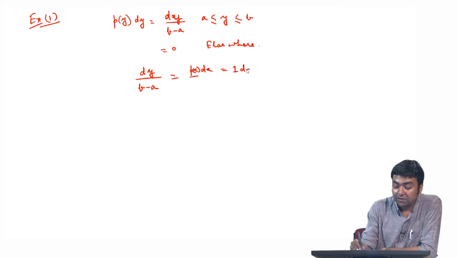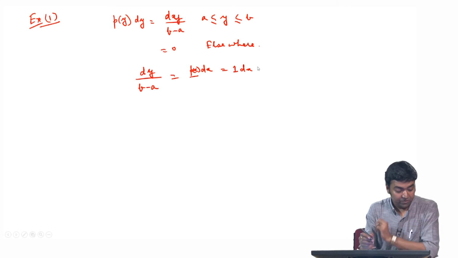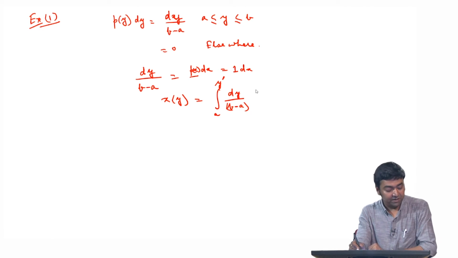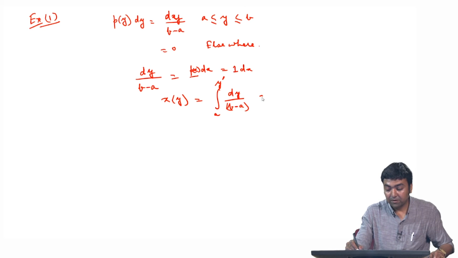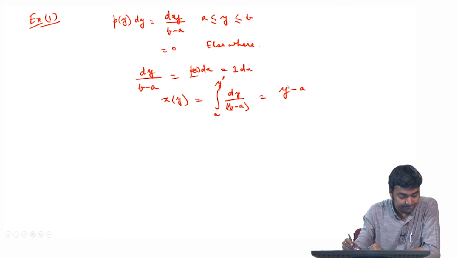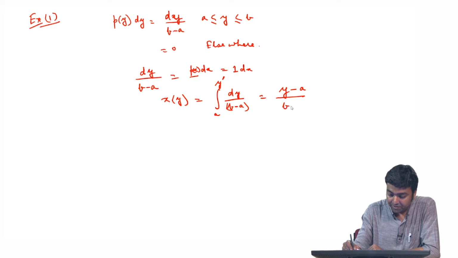So, this is dx, and then if we do the integral, x lies between 0 and y, the integral of dy'/(b minus a). The value of this integral, if we work out, is nothing but (y minus a)/(b minus a).